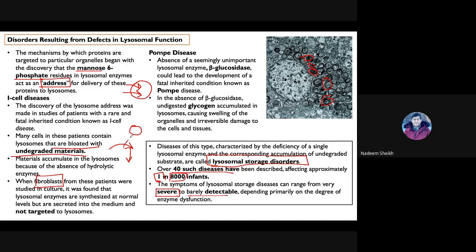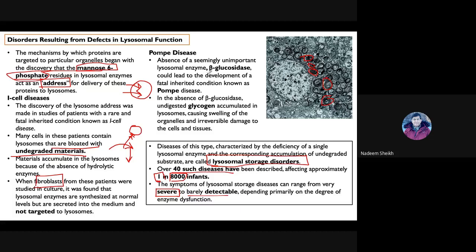It is not going to go to the lysosome. So ultimately, where is the problem? The problem which was found was with the address, that is, with the mannose residues of the core, which was not able to direct or target the enzymes to go to the lysosome. There was no mutation in the enzyme, but there was an error in the address of these proteins, and that led to the development of I-cell disease. Then there is another disease, which is Pompe disease.